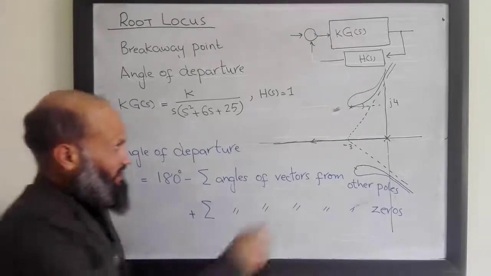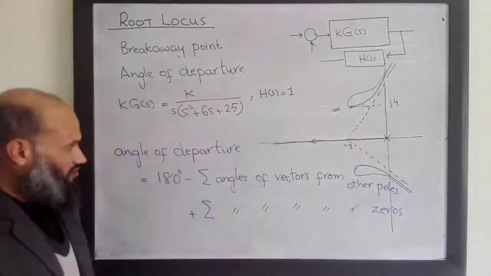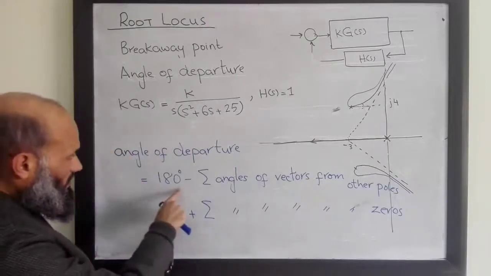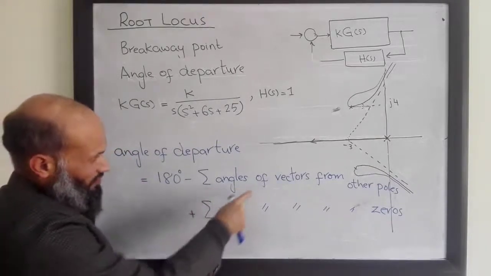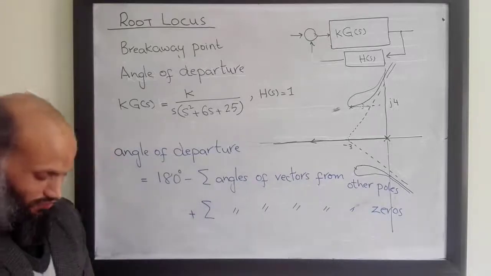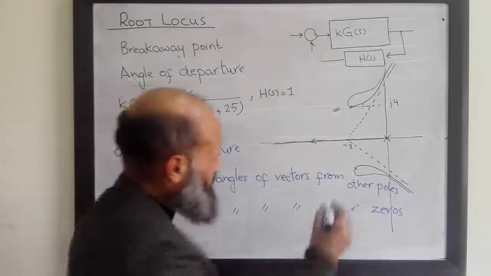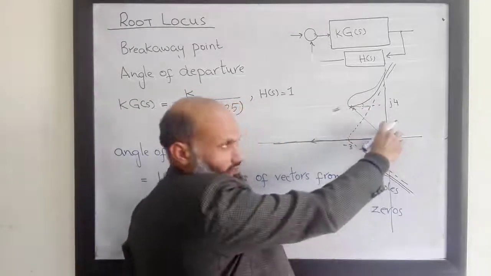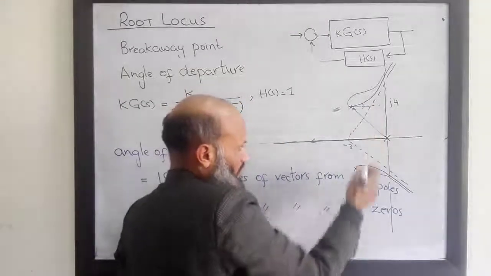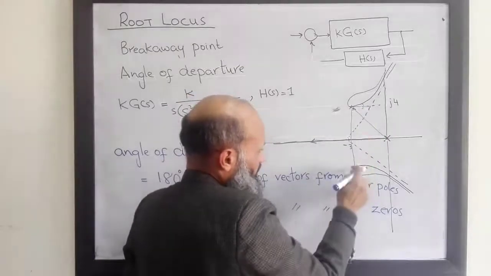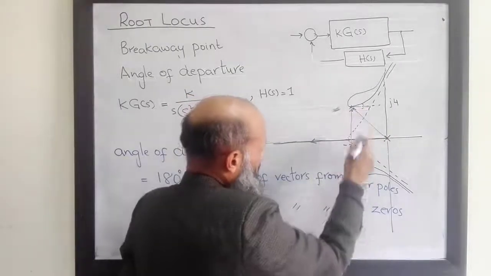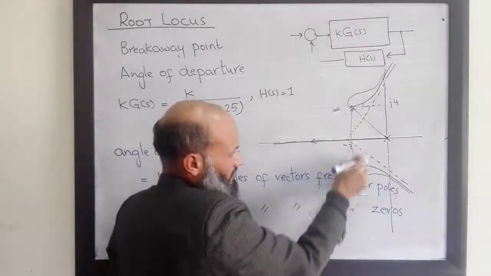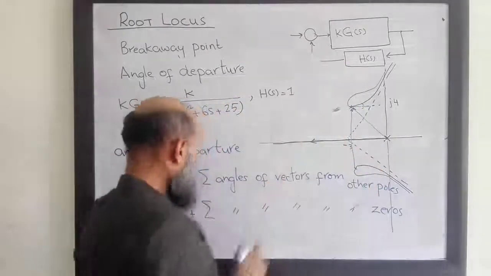So this angle can be determined by this relation called angle of departure, 180 degrees minus sum of angles which other vectors form. For example, here we have this vector from this pole to this pole, and another vector from this pole to this pole. What is angle of this vector? Angle of this vector is 90 degrees, it is upright.